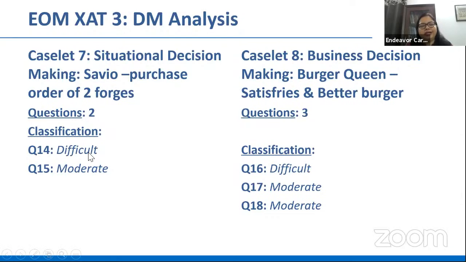So a little tricky there. You get stuck with two or three options here. The next question was a very easy, very straightforward one. But yes, I would still want to believe you should have taken Caselet 7.